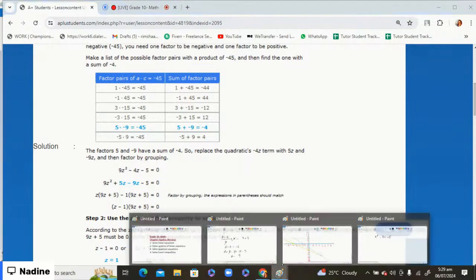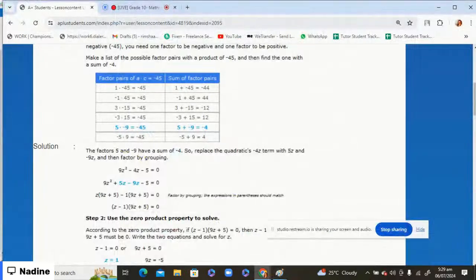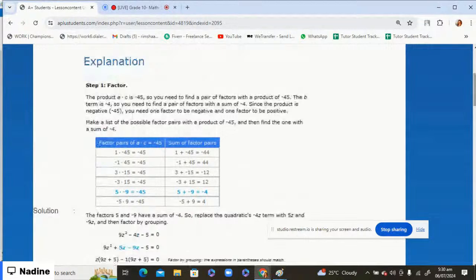So here is the table that you need to understand. When you have questions like this, what are you doing? Firstly, you take the value of c, and you take the values of x, not basically the variable, only the constants. Then you multiply them with each other and try to factorize it, in the form of pairs.